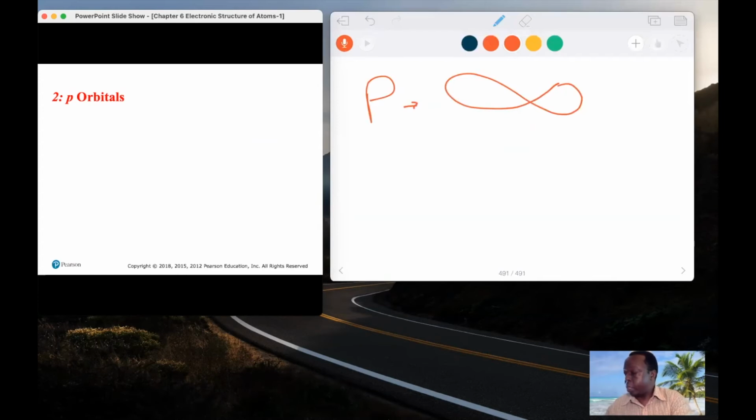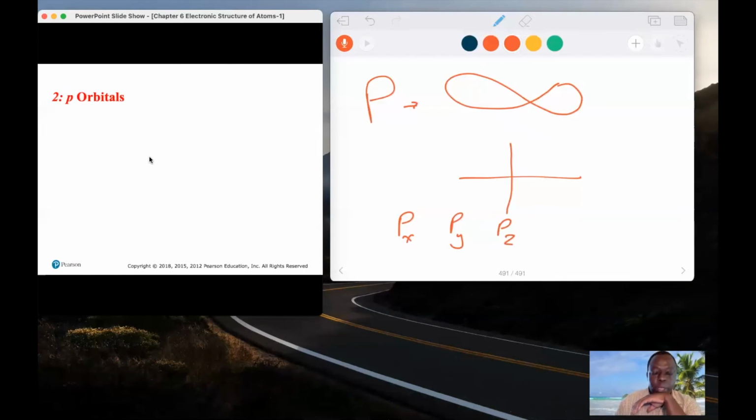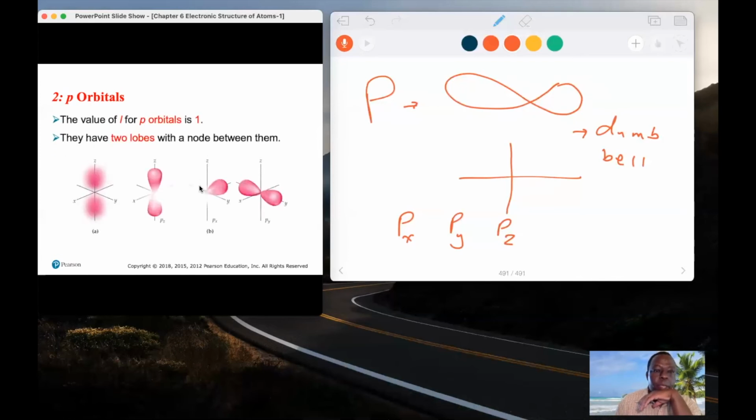In 3 dimensions, depending on the orientation, you may see px, py, or pz. It is a dumbbell shape, whether it's 2p or 3p.